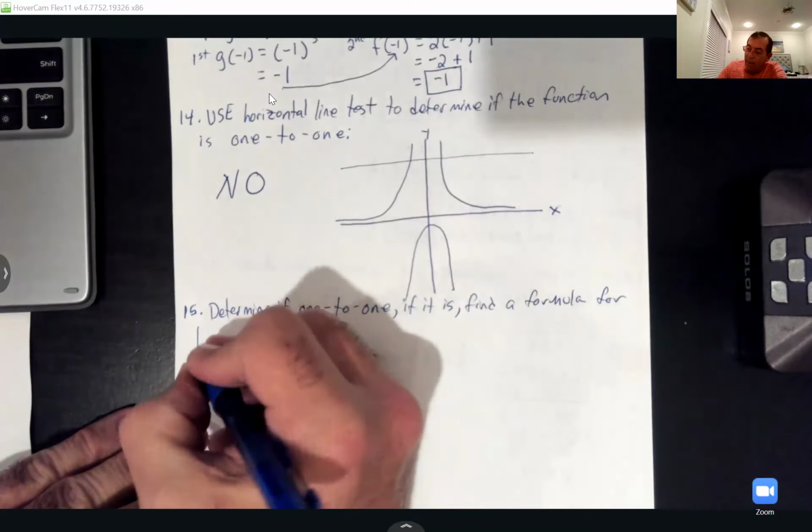Oh, and we'll circle number 15 because it was the last one that I'm going to make you show work on. So 15 was the last one that you got to send me, okay? All righty. This function is f of x equals 9 over x plus 4.